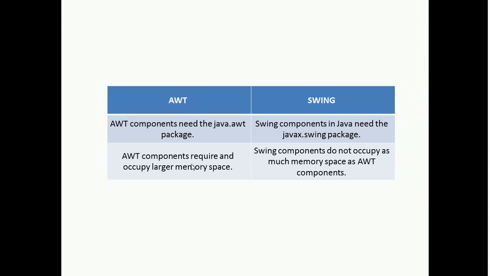The seventh difference is that AWT components require and occupy large memory space, but Swing components do not occupy as much memory space compared to AWT components. Swing components do not require large memory space as compared to AWT components.